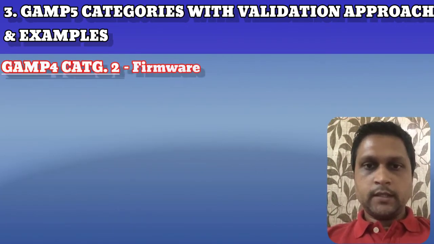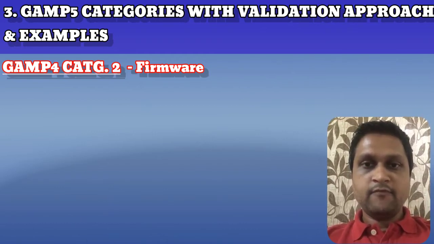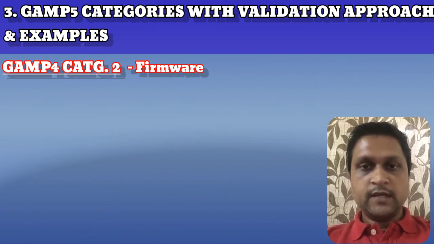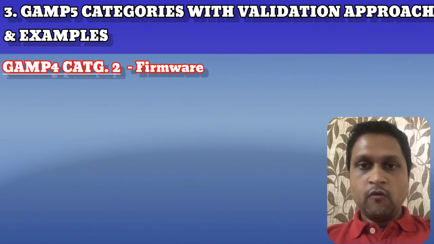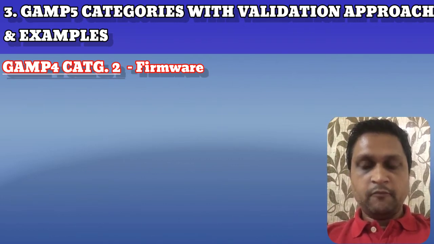Now talking about category 2, as you can clearly see in my text, I have written GAMP4 category 2. That means this category is not included in GAMP5. The reason I have already told you earlier is that these firmwares get challenged indirectly when you are validating a software, so this has been removed from GAMP5.